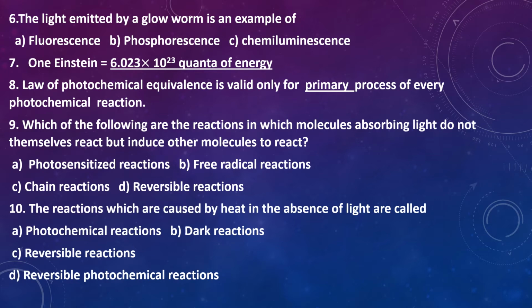What is chemiluminescence, students? It is the phenomenon of emission of light radiations in a chemical reaction at ordinary temperatures is called as chemiluminescence. Okay, one of the examples for this is light emitted by glowworms.